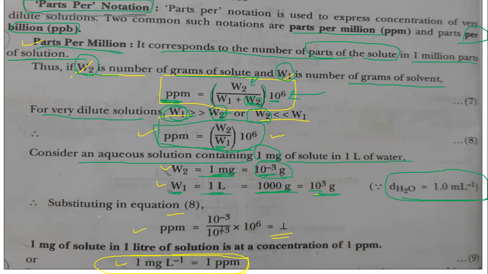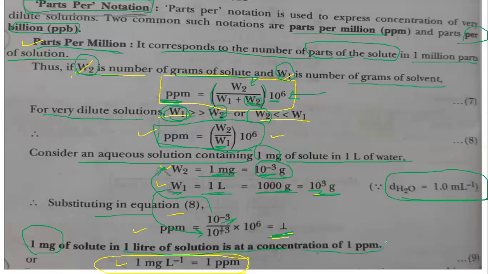So 1 ppm is equal to 10 raised to minus 3, that is the W2 value, upon the W1 value, into 10 raised to 6, that comes to be 1. Therefore, what it indicates is 1 mg of solute in 1 liter of solution.